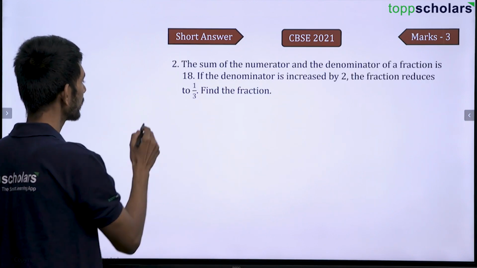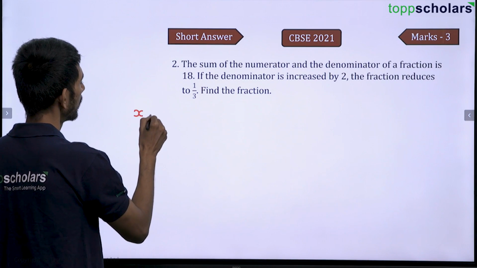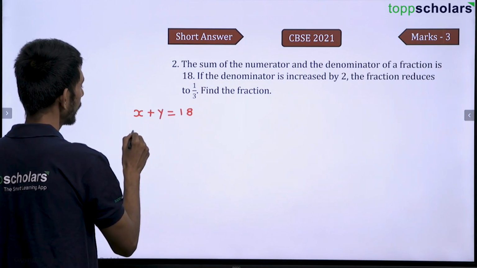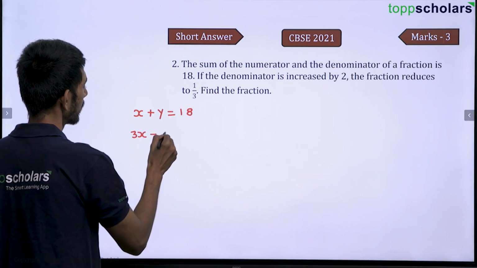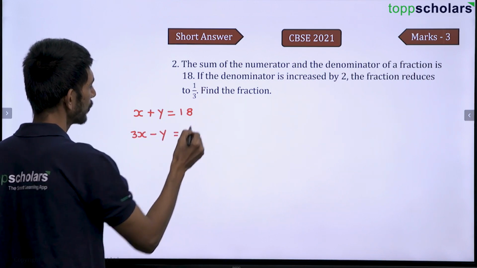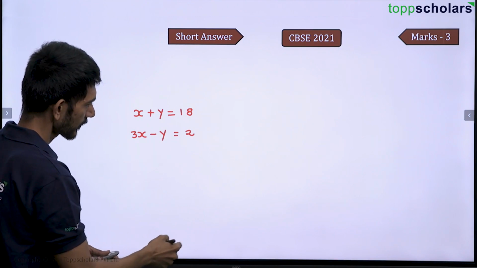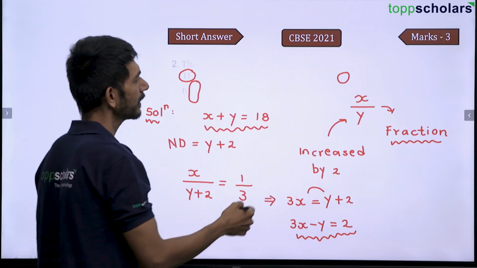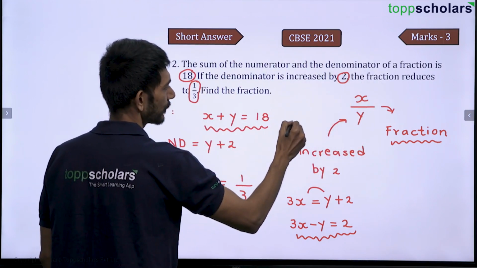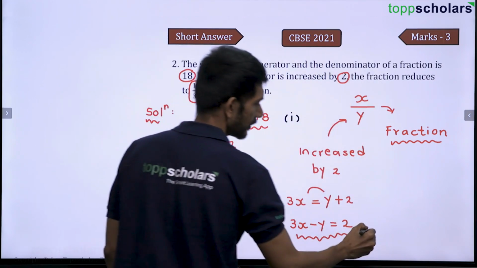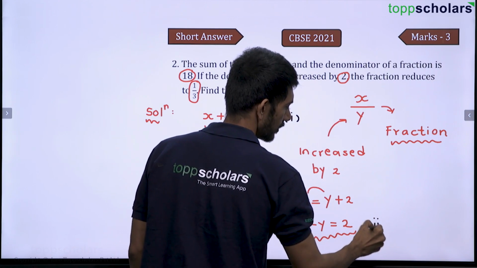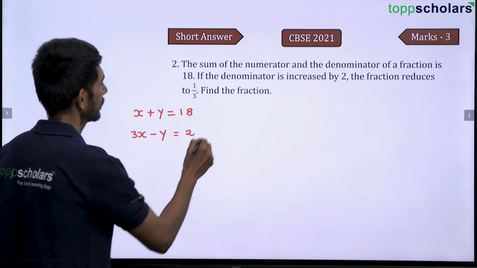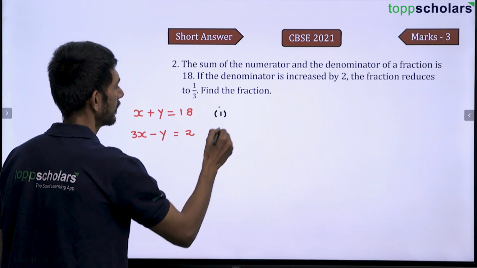Okay, so we have two equations now. X plus y is equal to 18, and 3x minus y is equal to 2. And this was our question. So this is our equation number 1, and this is equation number 2, right?